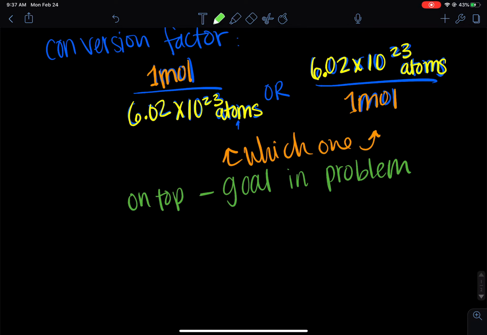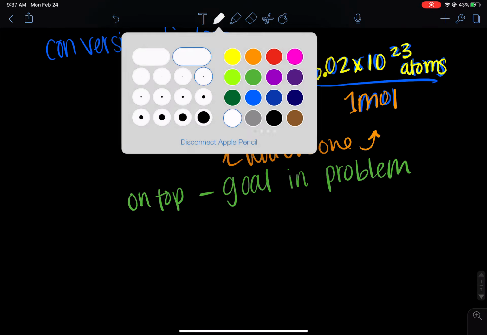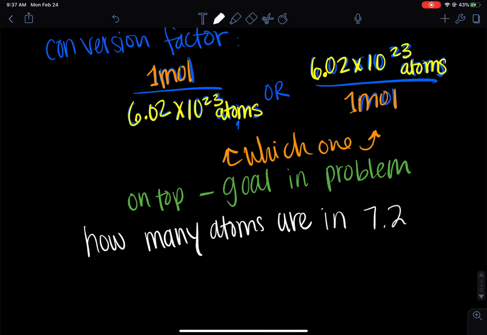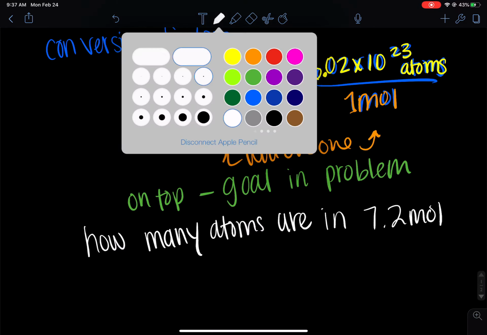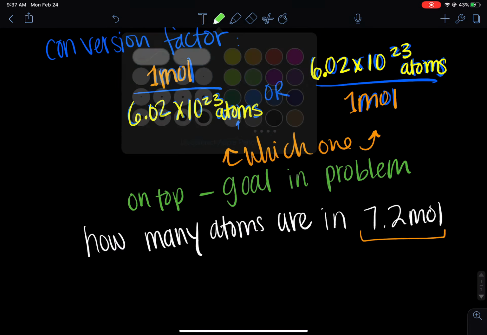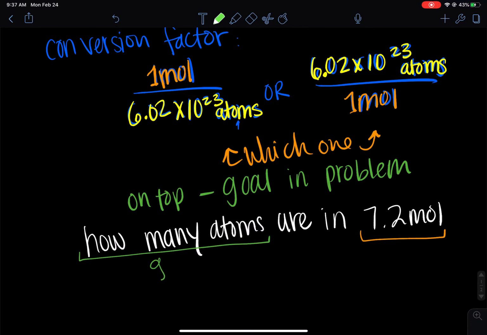Okay, so say the problem says how many atoms are in 7.2 moles of something. Well, what you're given is the 7.2 moles, and your goal is your question.